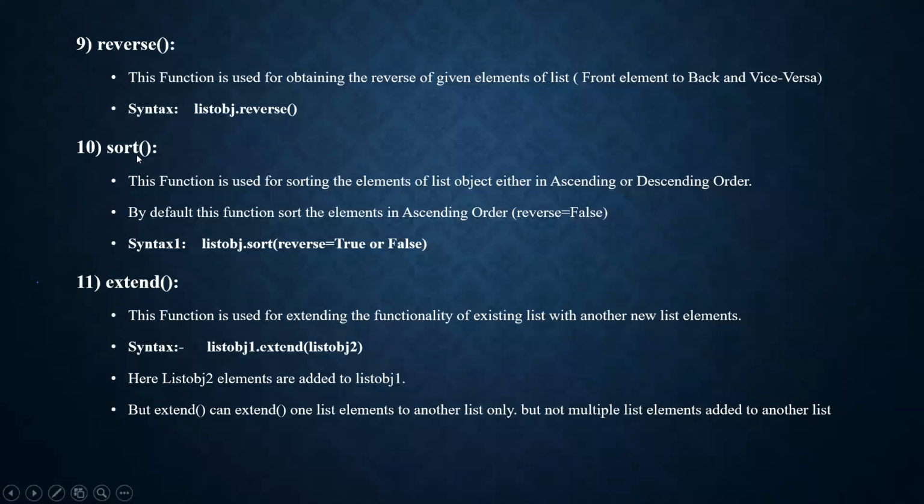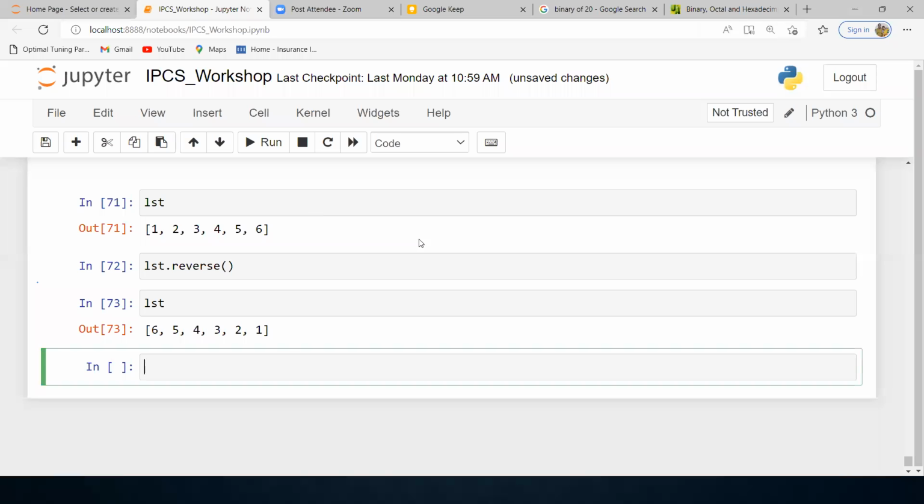So this is sort. Sort is nothing but we are sorting in two forms. What are the two forms? It can be in ascending order or in descending order, right? By default it will take ascending. Let's go for lst dot sort of.